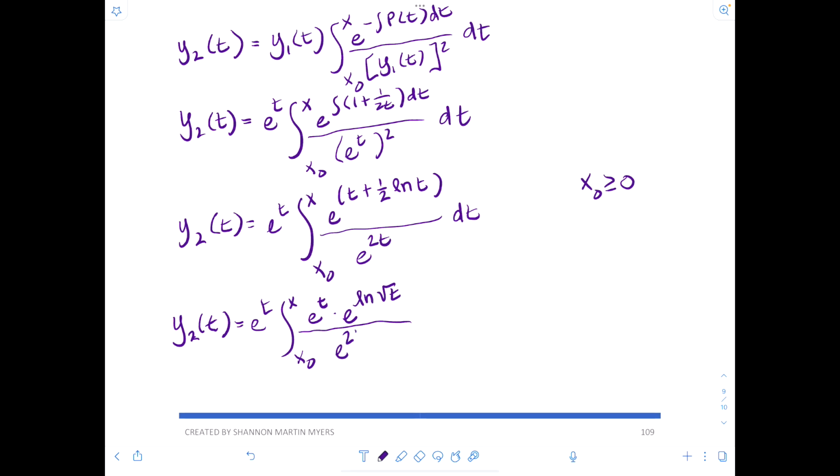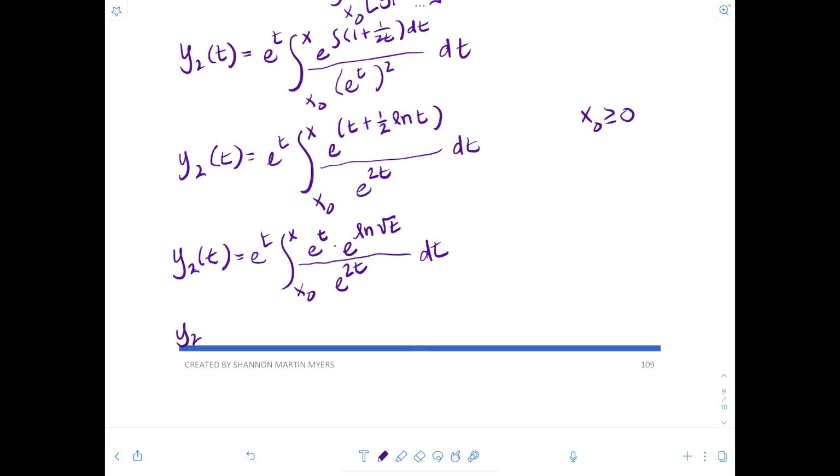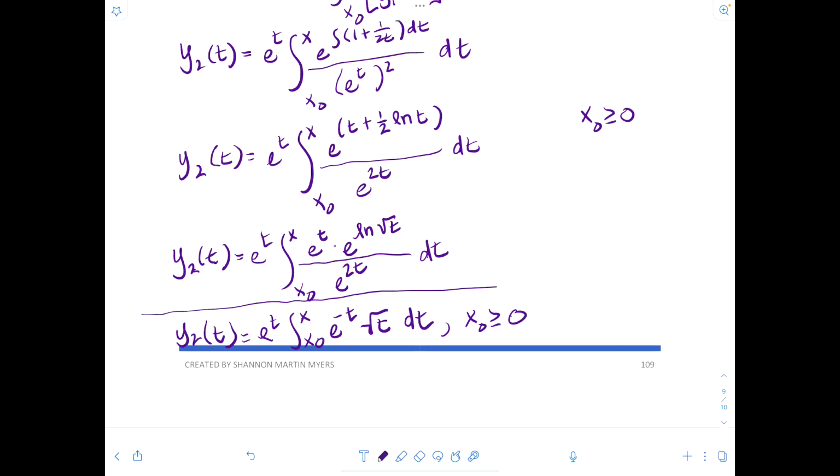And then we have our e to the 2t down here and dt. And it's cleaning itself up here. This is going to be e to the t times the integral from x0 to x of e to the t divided by e to the 2t, which is e to the negative t. E raised to the natural log root t, we'll get root t, and then dt. And then we want to say that x0 is greater than or equal to 0. And we got our result.